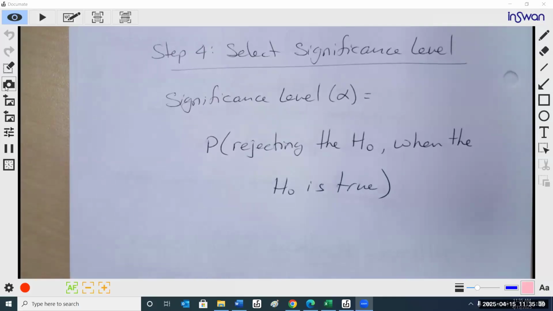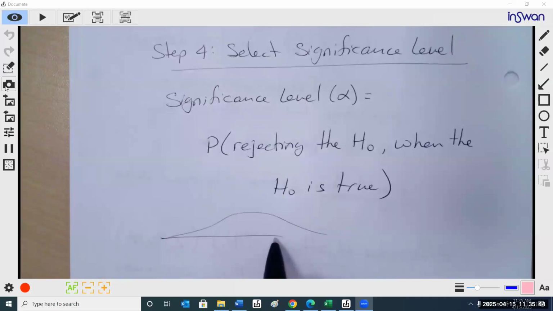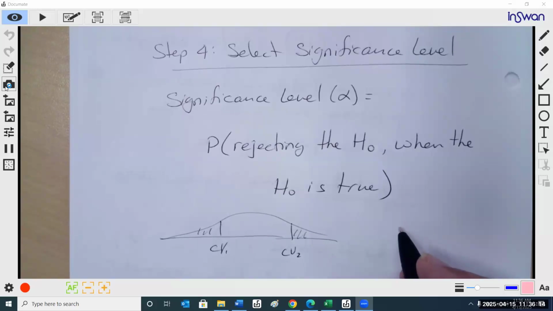When would we, with our test, let's say we have a two-tailed test. This is CV1, critical value 2. In which part of that would we reject the null hypothesis? Remember, the null hypothesis has to be what?